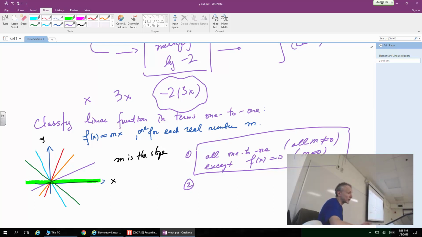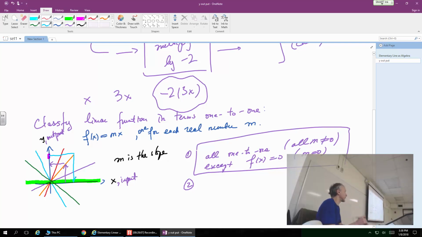So here, for question number one, let's make it clear, these are the inputs, and in this manner they give me the outputs. And once again, if there is any slope, there will be only one input for each output, because I can always retrace my steps. I pick a point here, and I can always get back to find x.